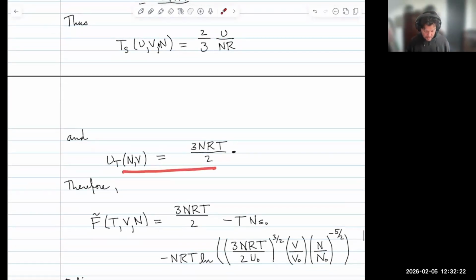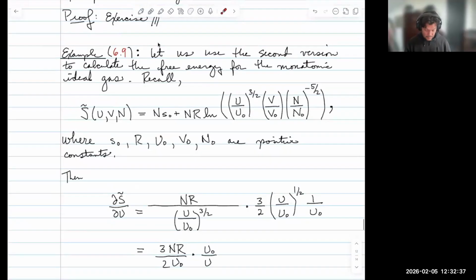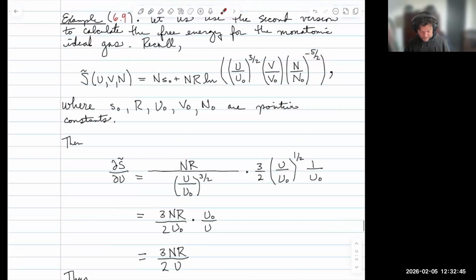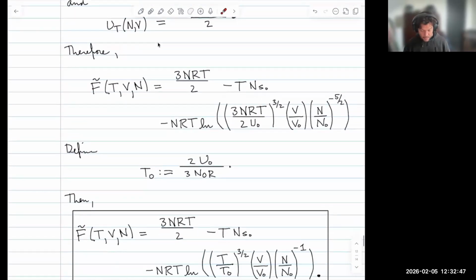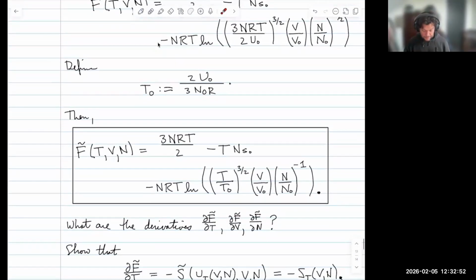Okay, so that's that. And now, by the last theorem, F should be equal to U tilde minus T times the S function, but where U tilde replaces the internal energy. I'm not going to go through all the details of this.